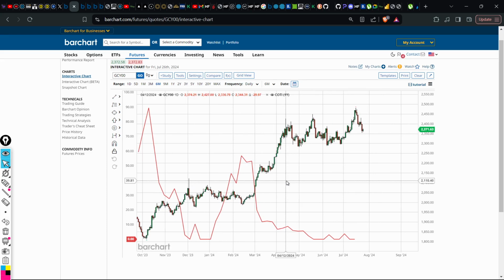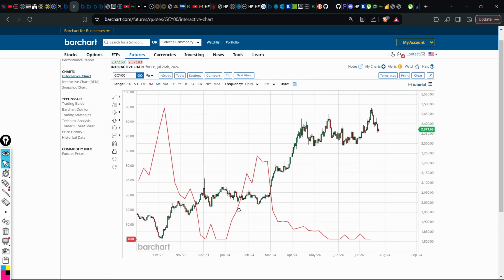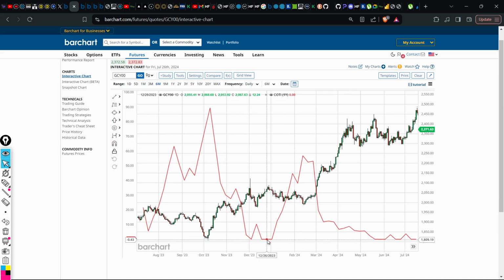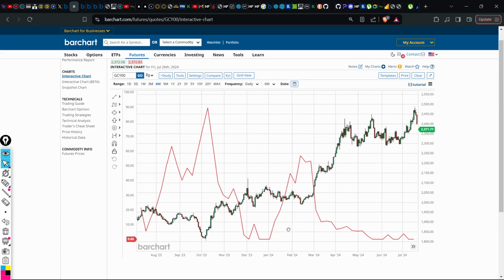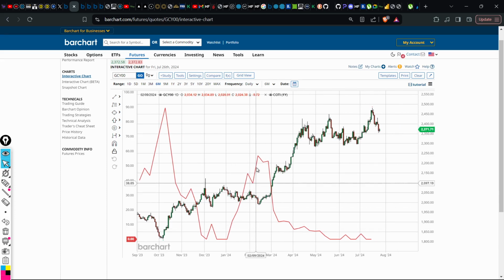You can see there was another time here when the index was almost at zero, but it was never completely zero. Early this year in February, the index was almost getting to 55, which is the most bullish these guys had been on a yearly basis.